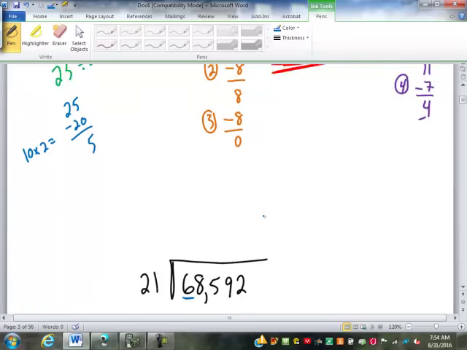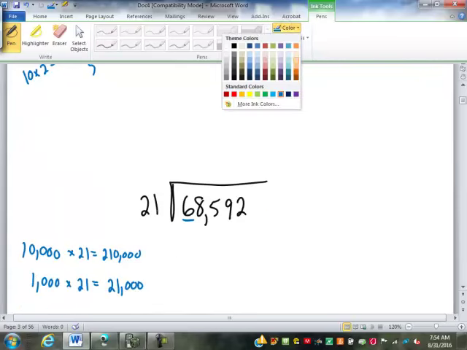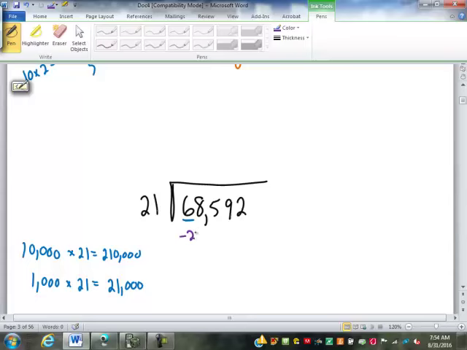Now, what I really should do is subtract 21,000, that's once. Subtract 21,000 again, that's twice. I see here I can subtract it several times. To shorten this up, how many times can I subtract 21,000? 3. 21,000 times 3 is 63,000.